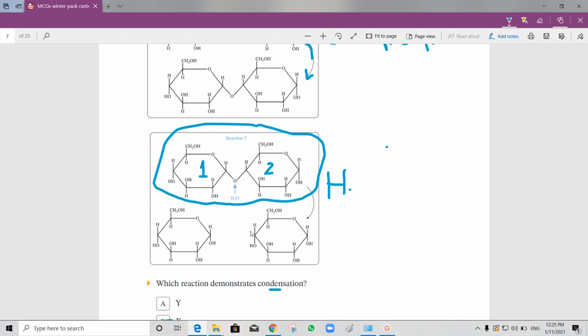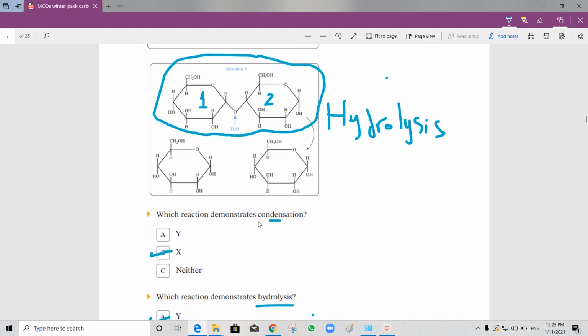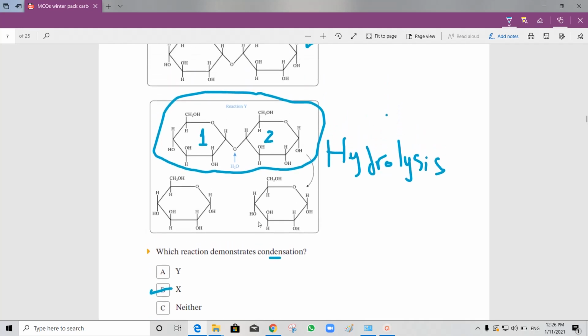This is, by the way, hydrolysis. So he is asking about what reaction demonstrates condensation. Of course, reaction X.